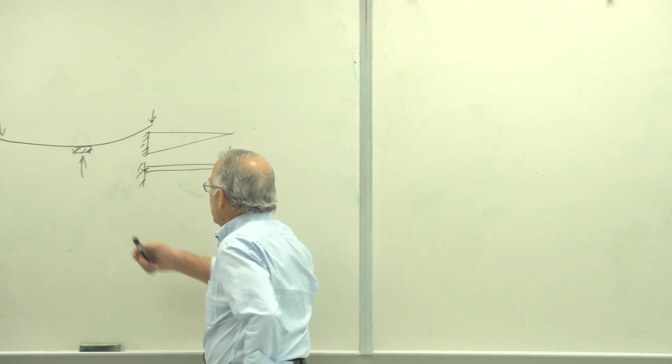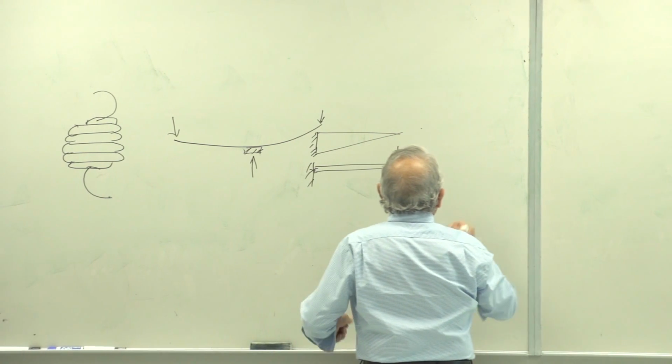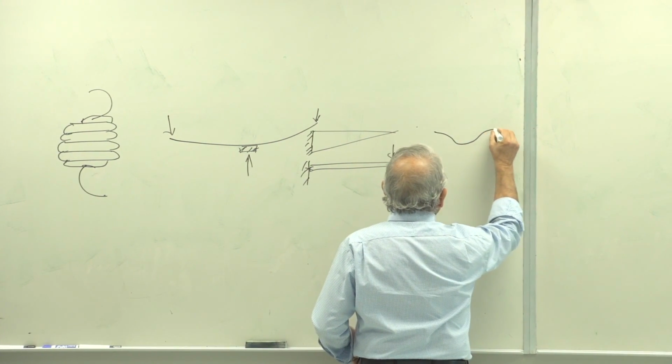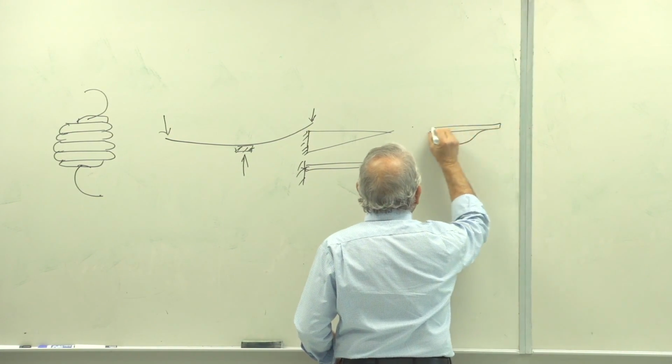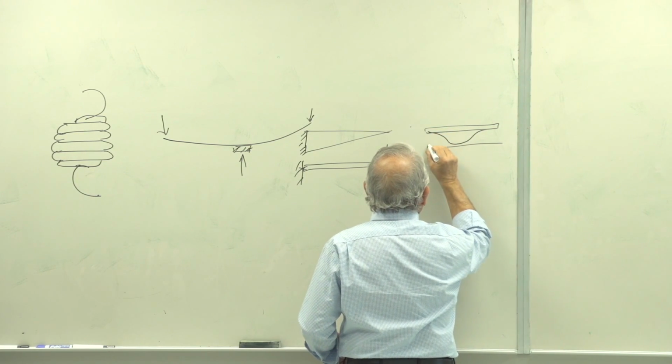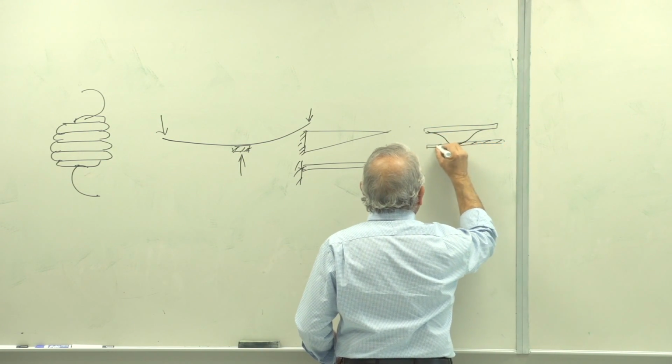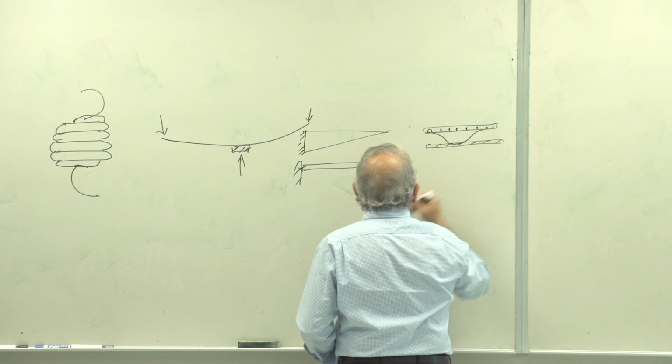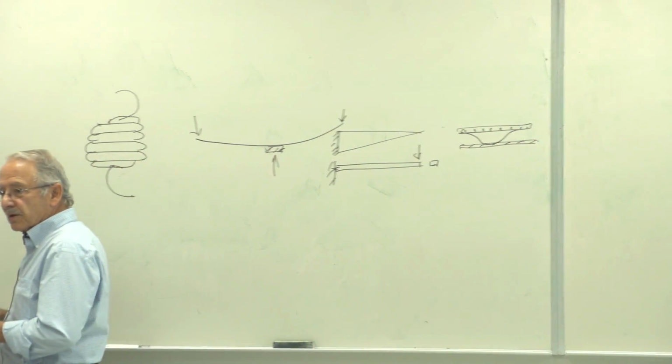Something very similar to leaf springs are springs that are used as washers like this. Called spring washers.